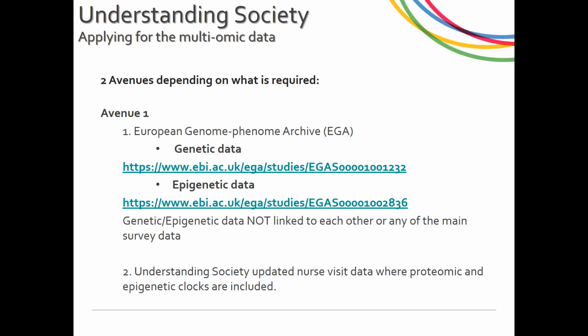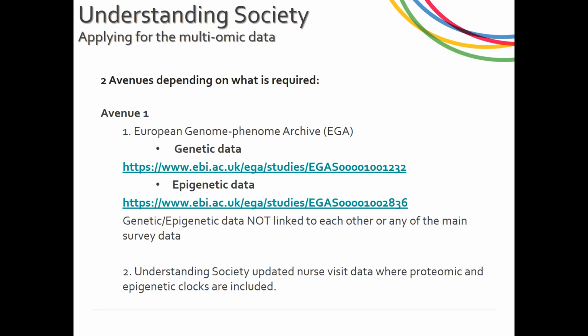There are 2 ways to use the data, depending on what you want to do. The first is if you just want genetic or epigenetic data as control data for some study, so you basically just want that information. Then you can go directly to the European Genome-Phenome Archive to download the data. The only thing I need to mention is that because it was deposited by different partners, the genetic and epigenetic data do not link to each other.